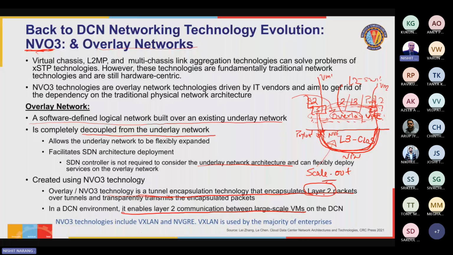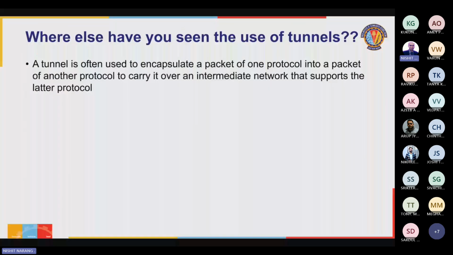NVGRE is another protocol, network virtualization using generic routing encapsulation. That's what it's called, NVGRE. It's also popular, but predominantly VXLAN rules the space. It's a protocol that is used by the majority of the enterprises. So in our course, we will only focus on VXLAN. If you want to study NVGRE, you're free to study, but we'll not cover it.